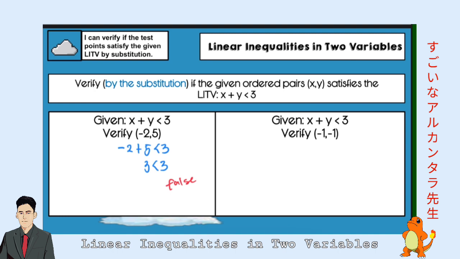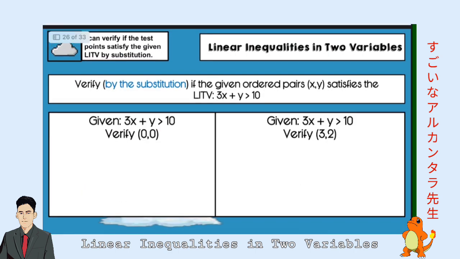To continue, let's have here x is negative 1 plus another negative 1 less than 3. So negative 1 plus negative 1 is negative 2, and less than 3. And we all know for a fact that all negative numbers are less than positive numbers. So this is true. Okay, that's how easy it is. You don't have to make it complicated.